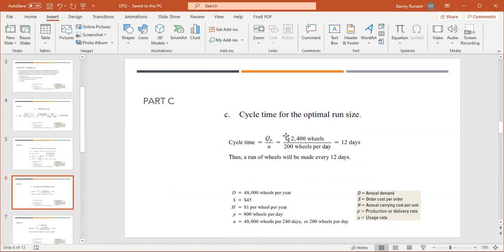So these are some of the numbers we've already found. 2,400 wheels in an earlier slide. And then it gives you the usage rate, 200 wheels per day. So your cycle time is 12 days. So a run of wheels will be made every 12 days.